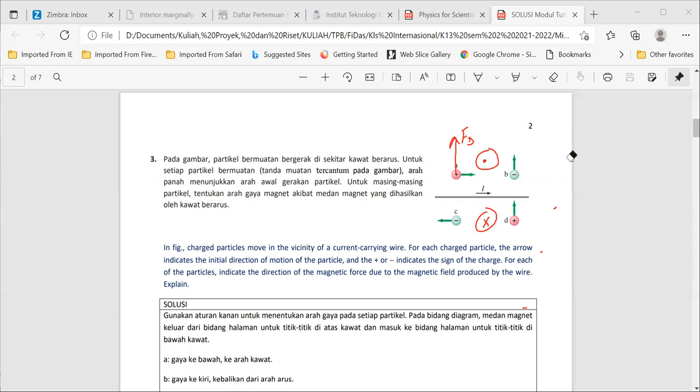Sorry, FB should be here. This one, yes, it's negative. Any question? Any question? So you could do the same also for C and D.